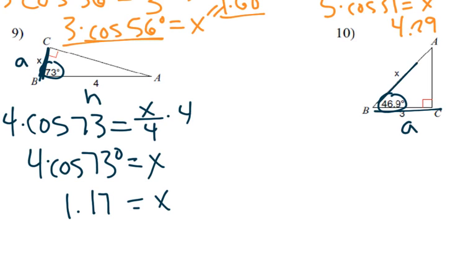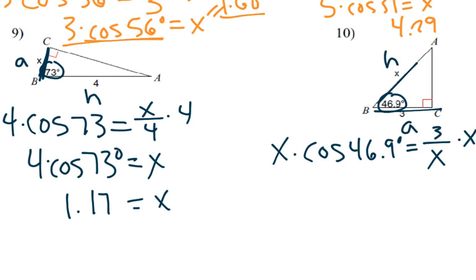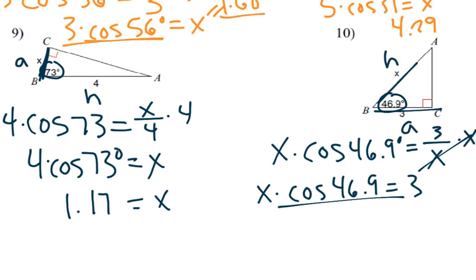Number 10. Adjacent, hypotenuse. Wow, that's funny how they all ended up that way. So we get the cosine of 46.9 degrees, so they're not always going to be cosine, equals 3 over x. Now this one's slightly different, so a few more steps. To get rid of that x at the bottom of a fraction, because we don't want to make it rational, so we times by x. Now x times the cosine of 46.9, that's really like a number, so I just divide by it.